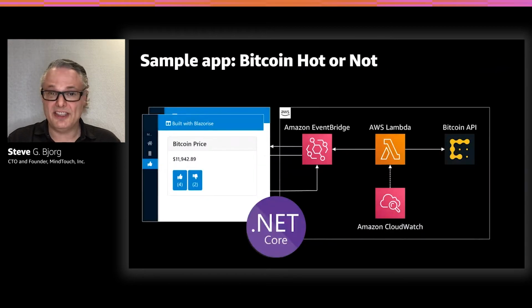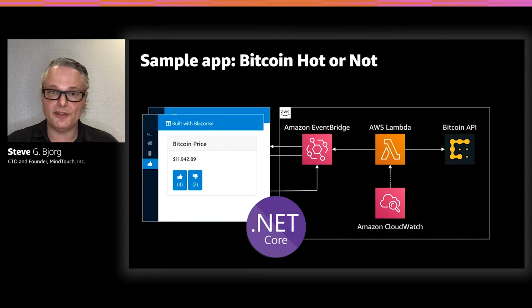So for this talk, I wanted to build a complete application. It's fairly simple. It's kind of a Bitcoin hot or not, I labeled it. It will fetch the most current Bitcoin price and then give users who have the application open the opportunity to either vote it up or down, depending on whether they like the price or not. All of this is orchestrated on the backend with a Lambda function, which we use for fetching the current Bitcoin price from an API.